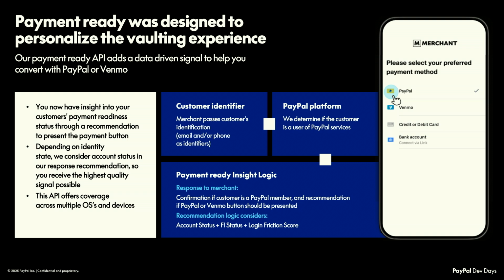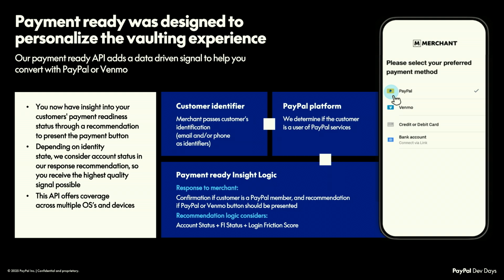What that really means is it starts with how you identify the customer. We request our merchants to pass a signal for a customer, either the email or their phone number. There are other additional ways that we're exploring to get this information. But if you pass an email and a phone number to us, we determine if the customer is a PayPal user or a PayPal Inc. user via Venmo. We figure that out behind the scenes and present one of 2 options, present PayPal, present Venmo.